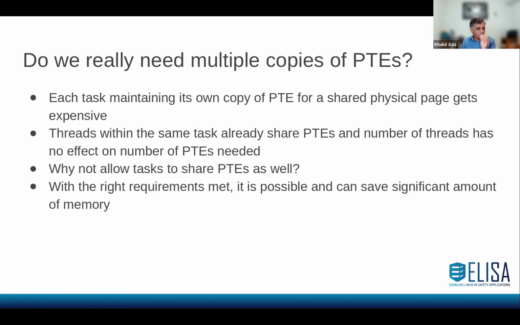There are still a few requirements, but if we can meet those requirements, we can save a significant amount of space. In the previous example, we were looking at 8,000 bytes in page table space alone for a 4K page. That 8,000 bytes drops down to just 8 bytes if all of them could share the page table entries.